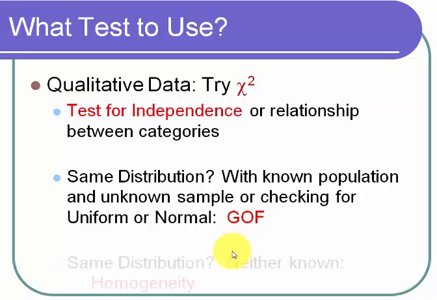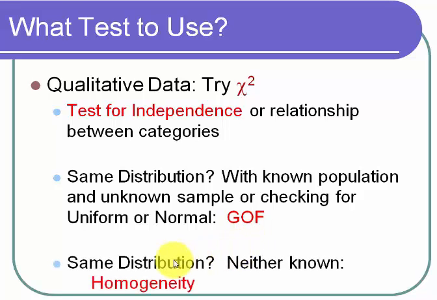The final chi-square test was asking, do these 2 populations have the same distribution? And we don't know about either population. We only have samples for each. And in that case, we use the chi-squared test for homogeneity.